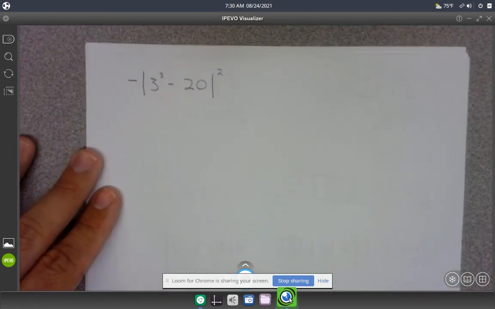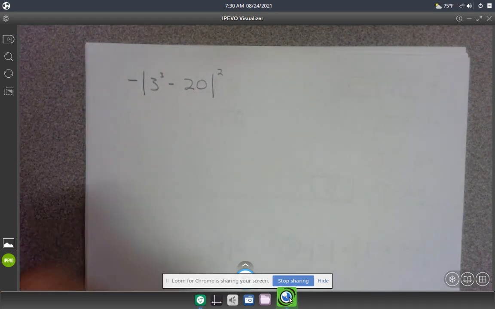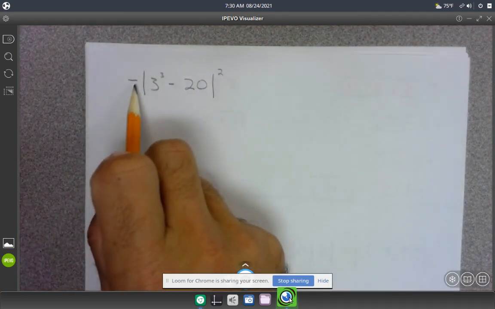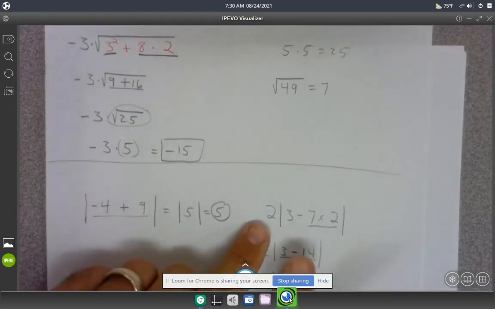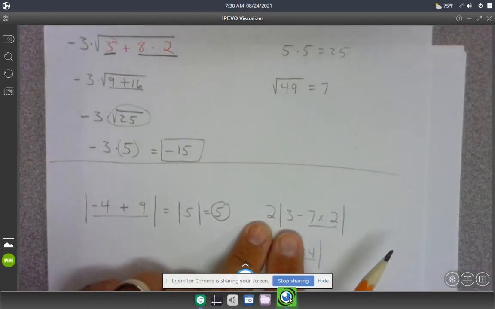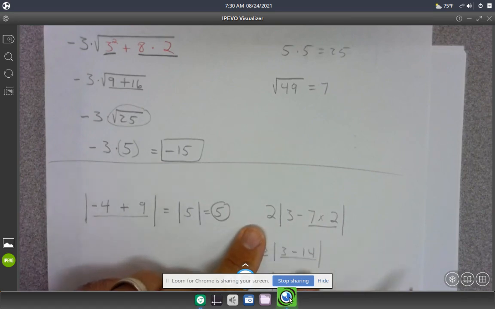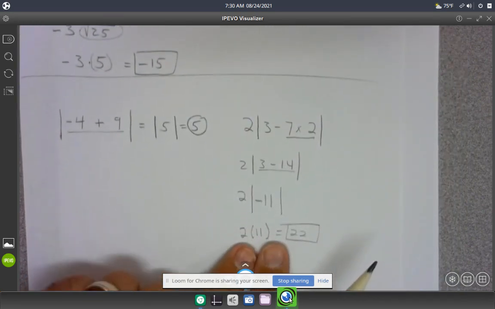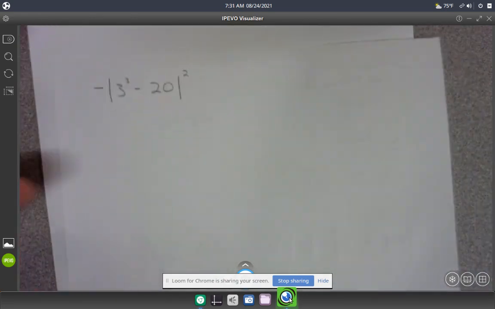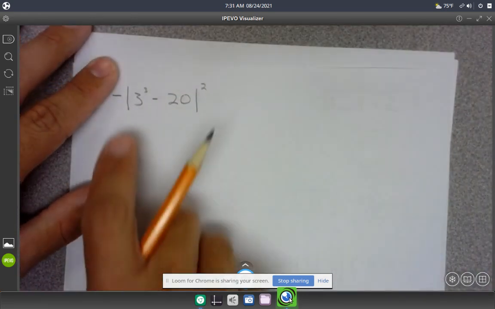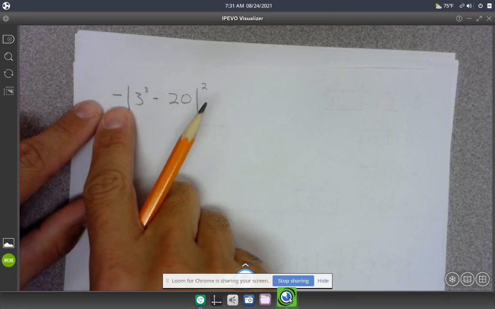All right. So this one's a little weird because we've got a negative on the outside. All that means, it's actually exactly like this one. On this one, we waited until we got to the very end before we multiplied by 2. That's going to be the exact same thing we do here, except that we multiply it by a negative 1.